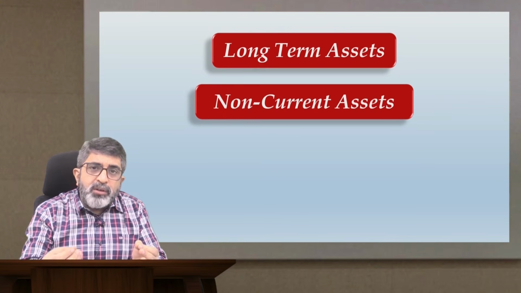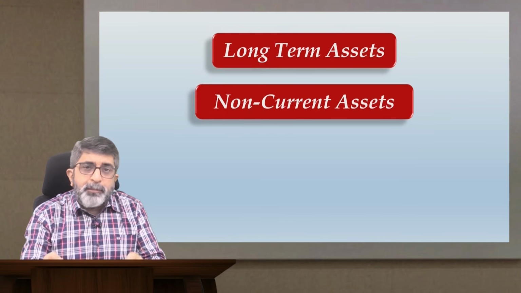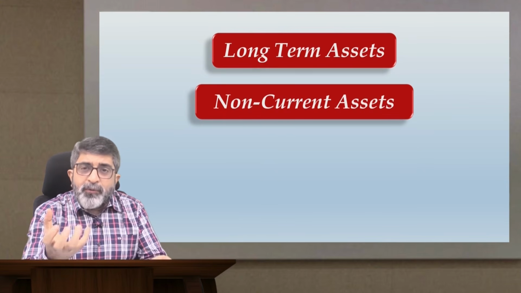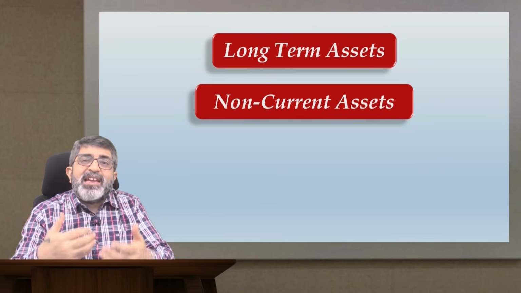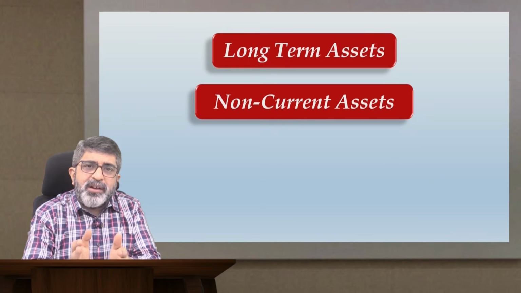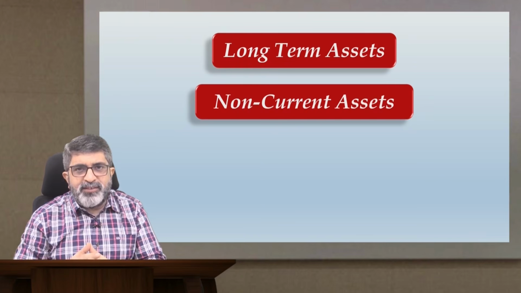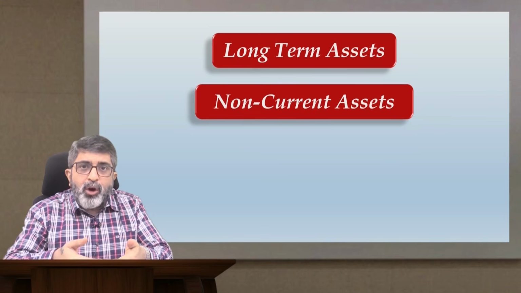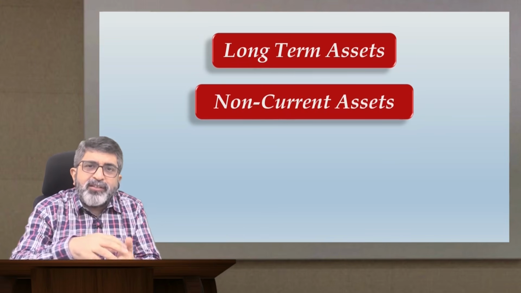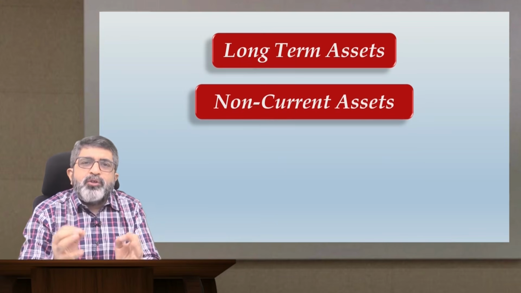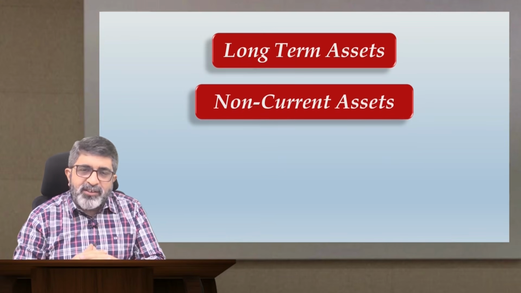This may include some kind of copyrights, patent rights, goodwill of an entity. It may include franchisee rights. Generally, legal rights come under intangible assets because you have a right of something. It is your asset and that asset is not having any physical form. So we call it an intangible asset.